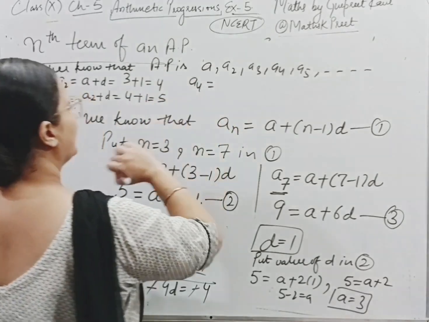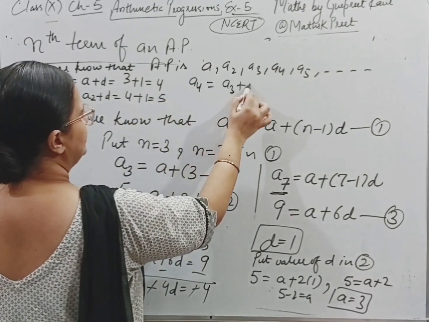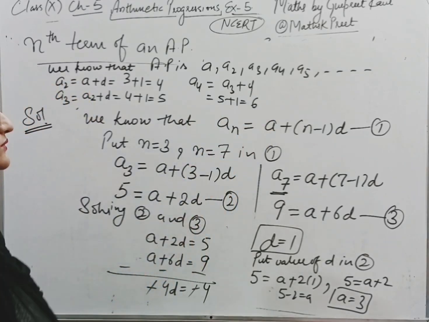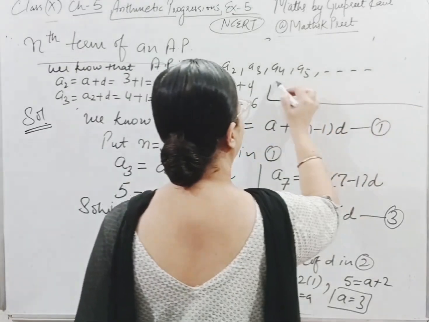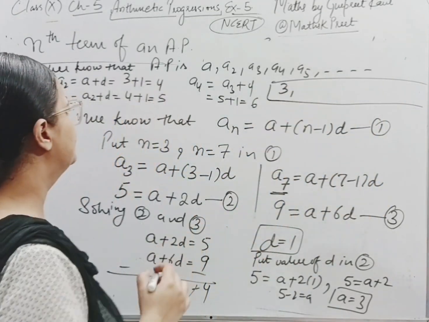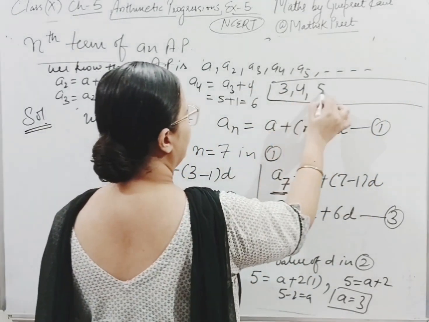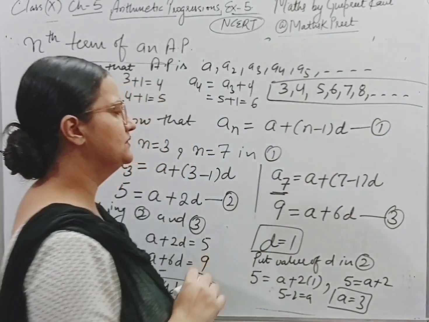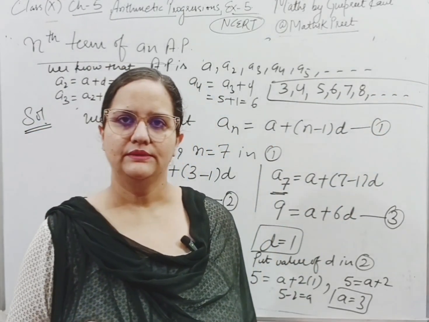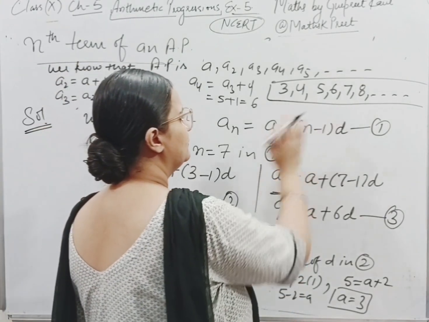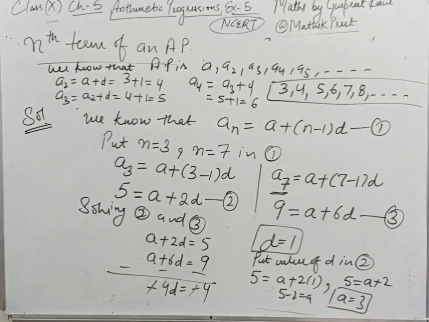A4 will be A3 plus D, 5 plus 1, that is 6. So the sequence will be, I'm writing here, A is 3, A2 is 4, then 5, then 6, then 7, then 8. This is how we get the next terms of the given pattern, and this is the answer for the given sequence.